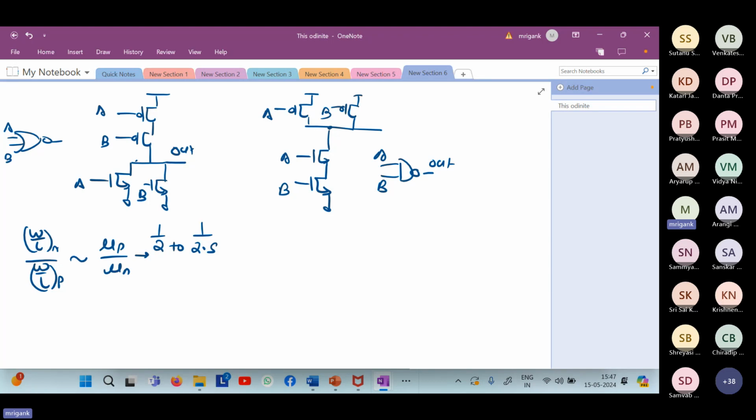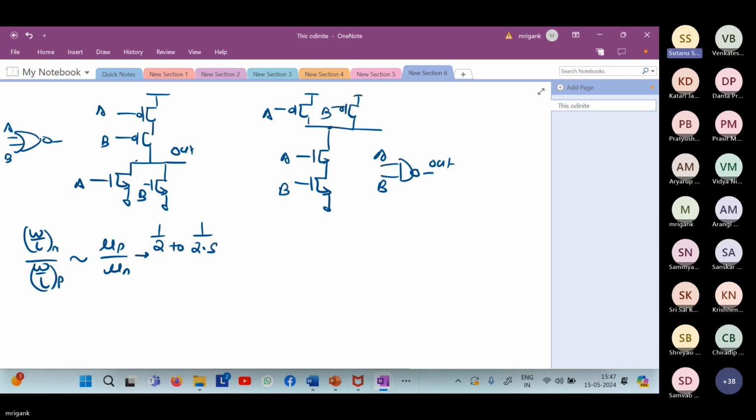For the inverter, we had set the W by L ratios of the PMOS and NMOS such that rise time and fall time become equal. So how is it related to the trip point concept? Here we are making the trip point equal to VDD by 2 almost. How is it related to the rise time and fall time, as we discussed in the simulation example last time?